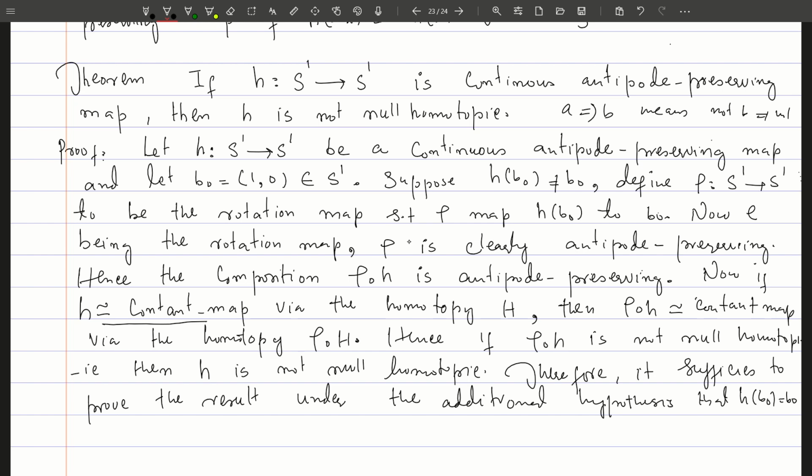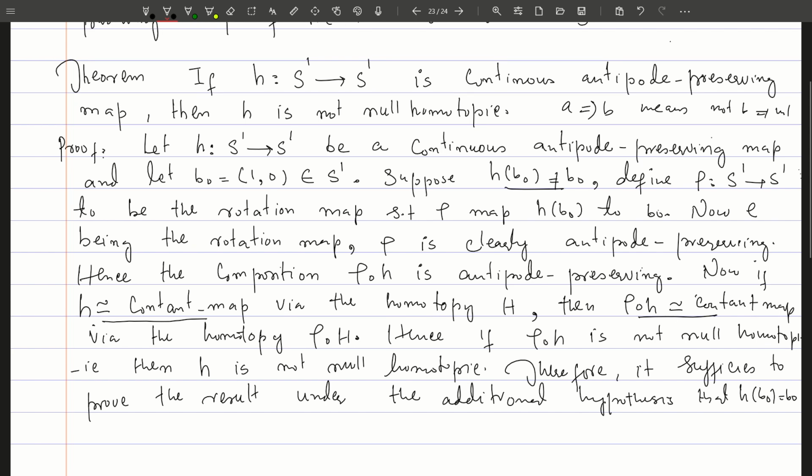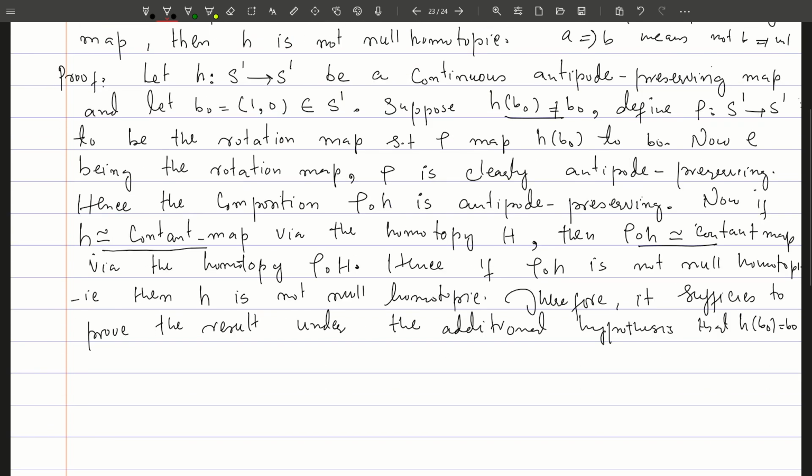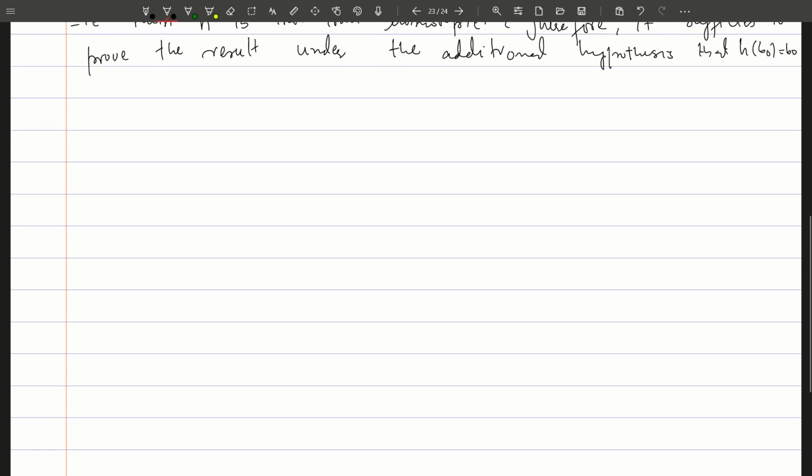If they are not equal, then we have this rotation map such that if the rotation map is not null homotopic, this is not null homotopic. So we can assume H of B naught is B naught.